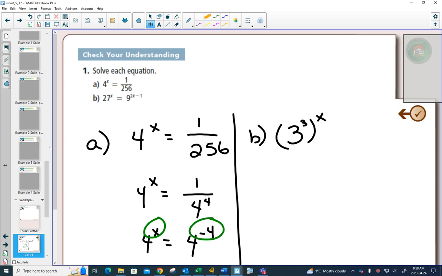I change the 9 to a base of 3, and there would still be the 2x minus 1. So our first goal is to try to get everything in the same base. We did that in part A, getting everything in the base of 4. And then we have to use our exponent rules so we get just a single power on both sides equal to each other. So now what is your exponent rule for a power to a power?